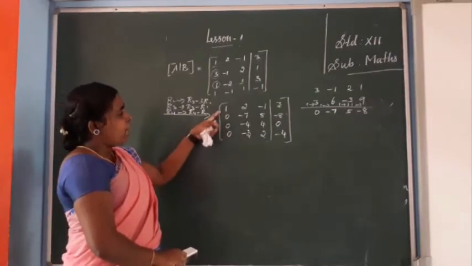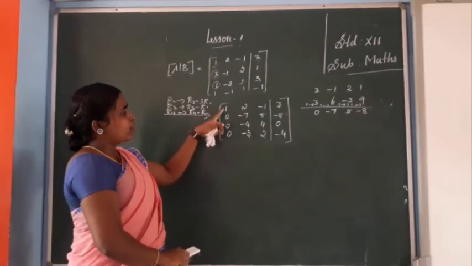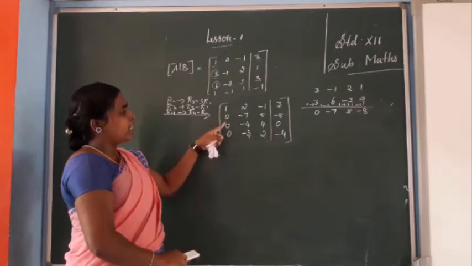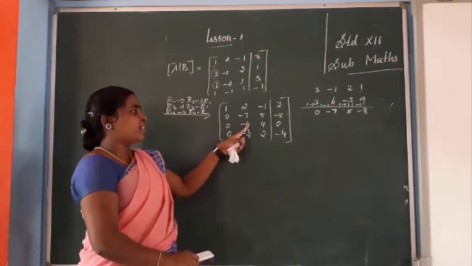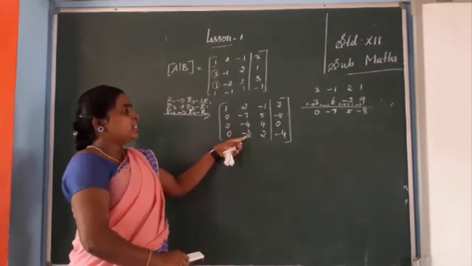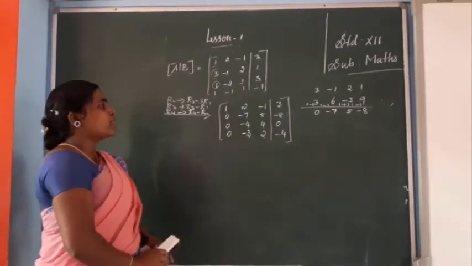Next, what do you need? Actually there are 4 rows. The first non-zero, 1, is there. Next we need zeros in this column. Instead of minus 4 we need 0, and instead of minus 3 also we need 0. So we have to eliminate minus 4 and minus 3.